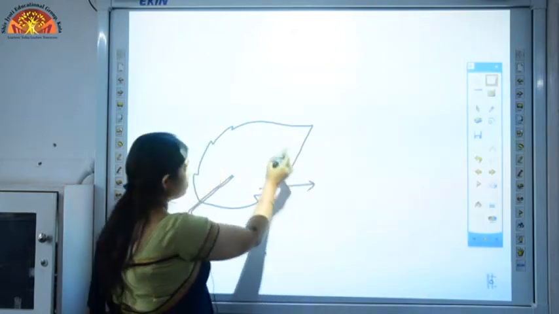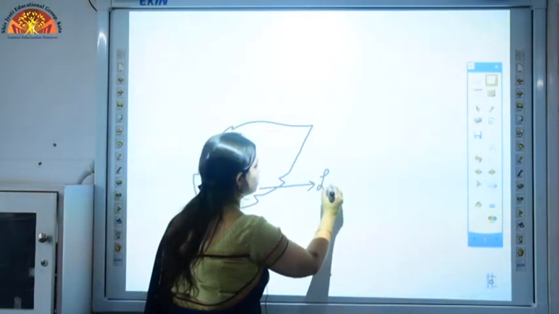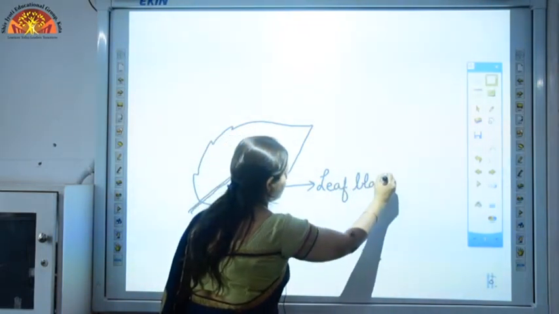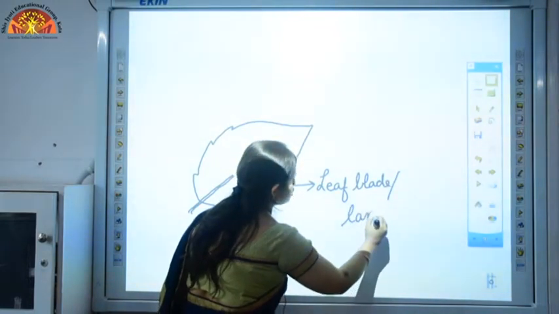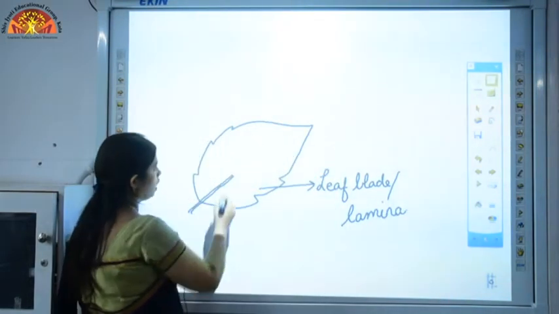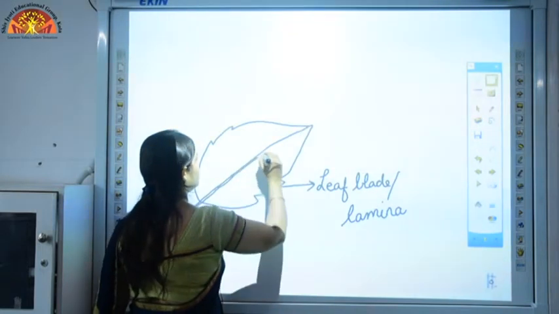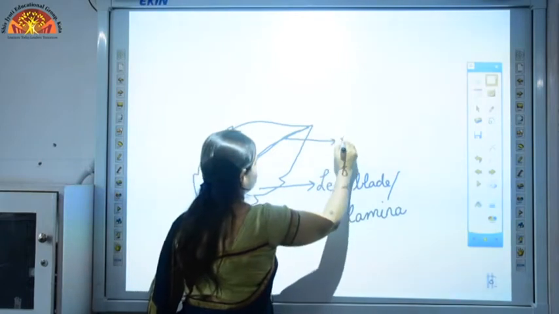The flat broad part of the leaf is called the leaf blade. Another name for the leaf blade is lamina. It is also called leaf lamina or leaf blade. Now there is a thin tube which is running through the center of the leaf. This thin tube is called the main vein.